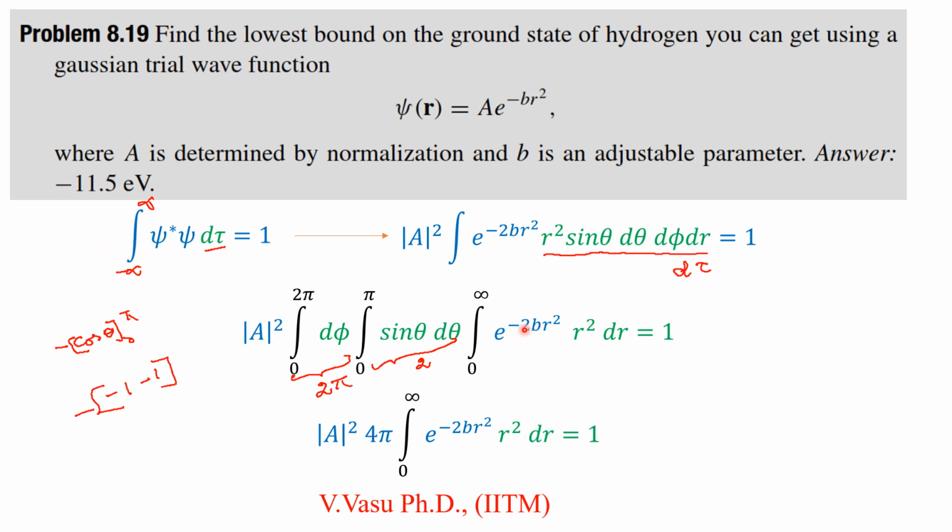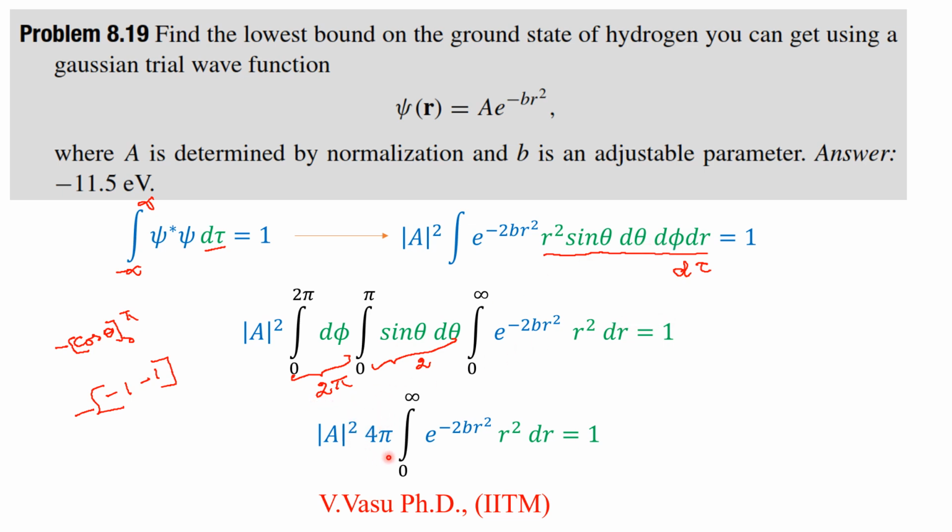Nothing will change here. Now I can say this is |A|² times 2π into 2, which is 4π. Hereafter, I am going to take it for granted that the integral of sin θ dθ dφ is 4π.